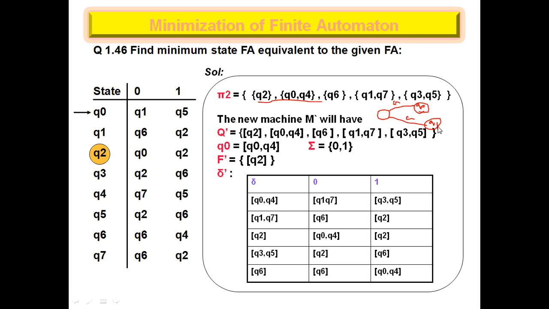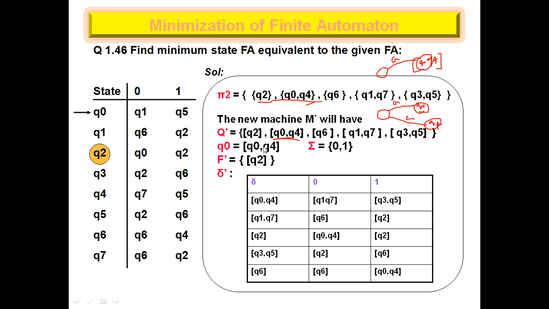If we have curly braces, what about this one? It means for a single input we have a single state. It is treated as Q0, Q4, a single state. So this is the difference between this and this one. So this will be treated as a single state.